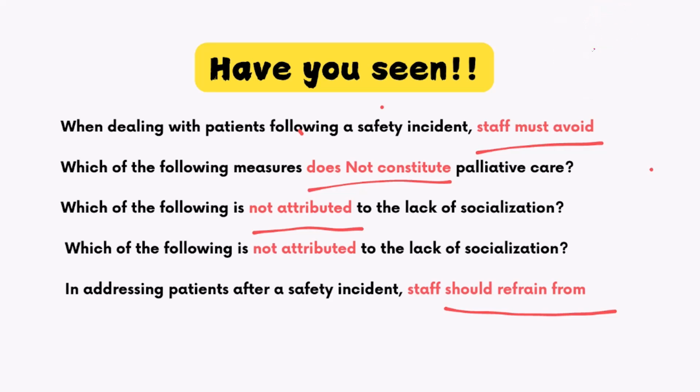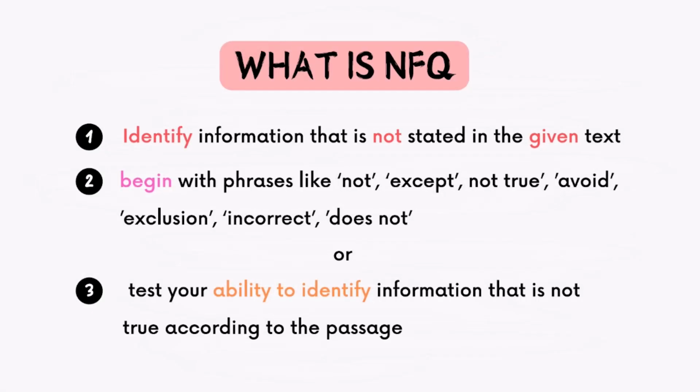So let's start. First, you need to understand what an NFQ is. NFQ indicates negative factual questions. All right. So identify the information that is not stated in the given text. It begins with phrases like not, except, not true, avoid, exclusion, incorrect, does not, likewise.